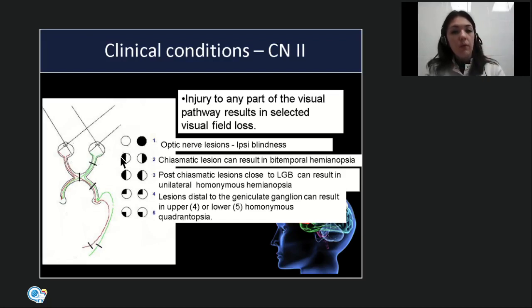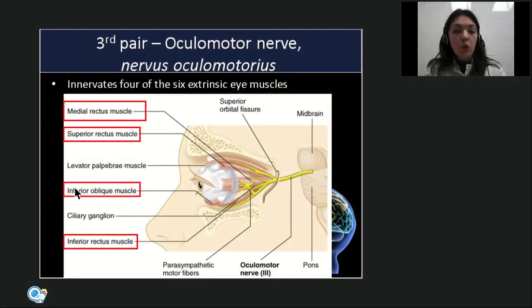That is in case of a post-chiasmatic lesion. And lesions distal to the geniculate ganglion can result in upper or lower homonymous quadrantanopsia. So if we don't see only one small quadrant. So it's very important in neurology. I think you will need this information when you reach neurology.